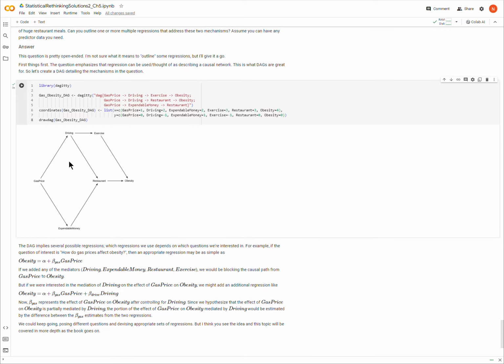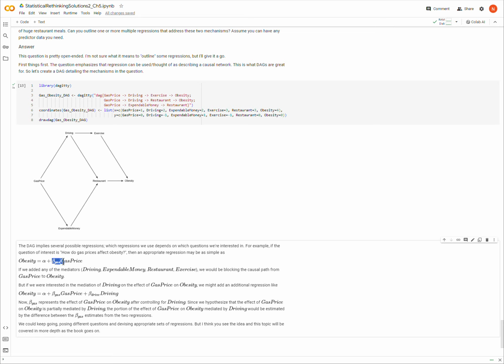Okay, so now if I was going to start outlining a regression or some regressions, I would base it on how I thought that these mechanisms were working. Okay, so if I was just simply interested in how gas price affects obesity, regardless of these intermediary mechanisms, these mediators, I would probably just use a regression something like this, that obesity is affected by gas price, right?